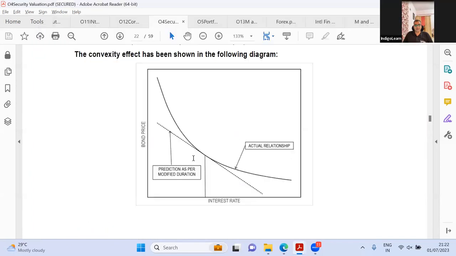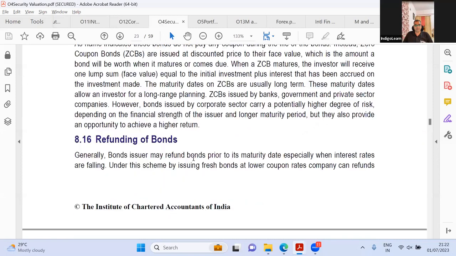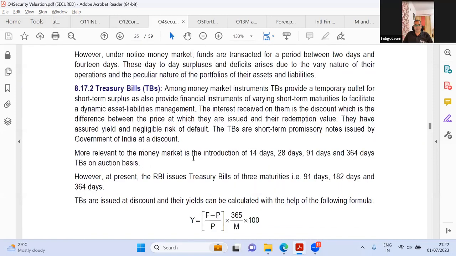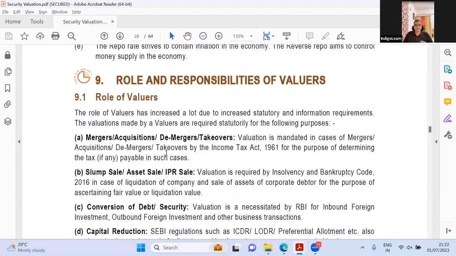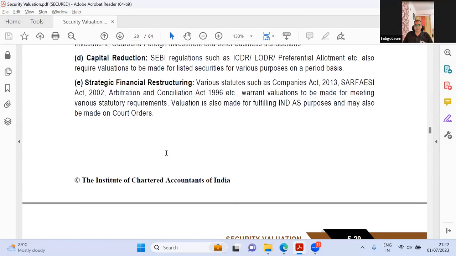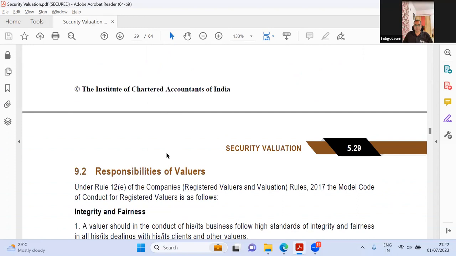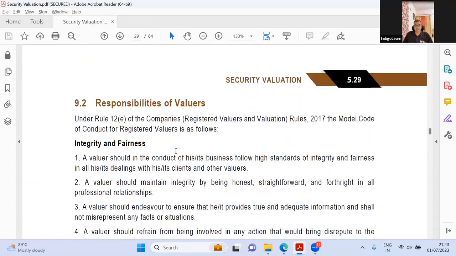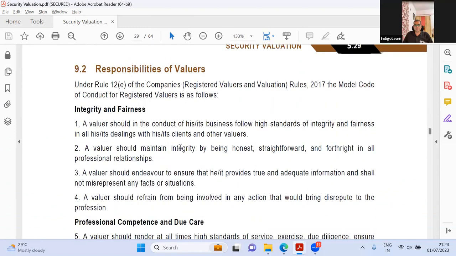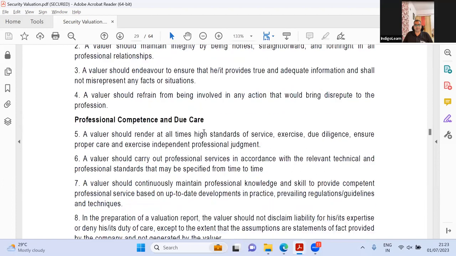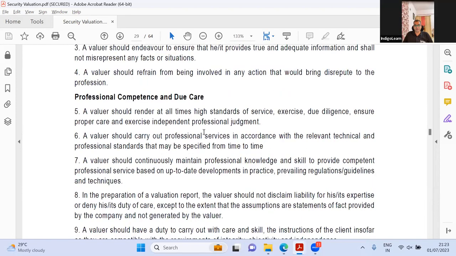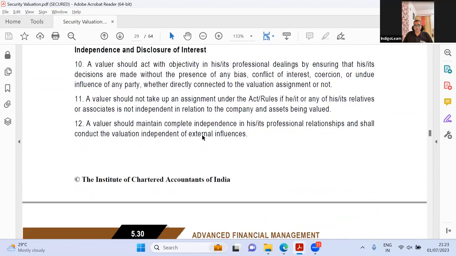They have added a couple of points here, where I think it ended at repo and reverse repo, whereas the new syllabus has something called role of valuers, because there is this IBBI, registered valuer. So probably in order to bring in some registered valuers and valuation rules, to give students some idea, they have brought in these 2-3 pages.